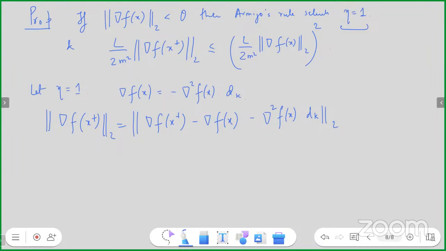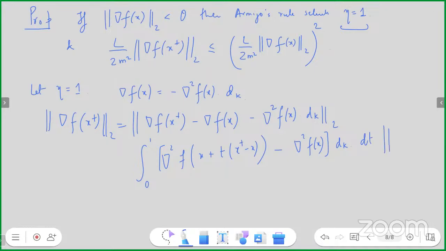First of all, just think of that: integral from 0 to 1. There is already a gradient, so I'll take another gradient. So del squared f of x plus t times (x plus minus x), or rather, I just want to write it in the particular form, minus del squared f(x), d_k, dt.